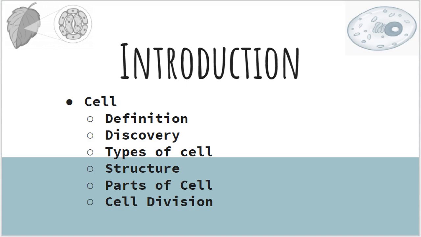So we need to know the name of the person. Then the parts of the cell, this portion is very, very important. We need to understand the parts of the cell and their functions, and then we will shift to a small topic called cell division.